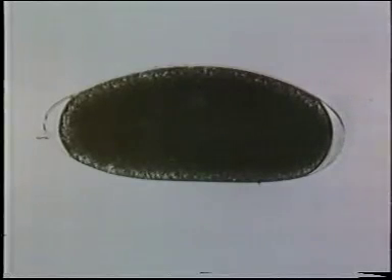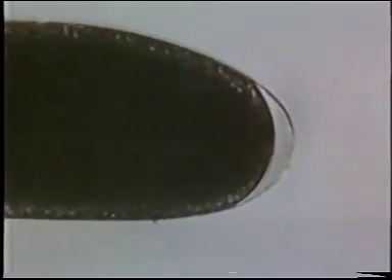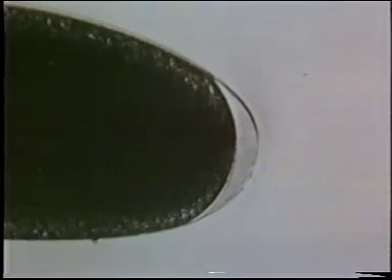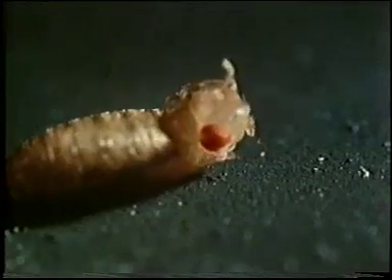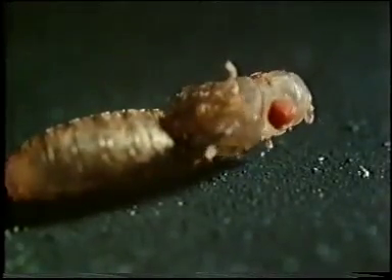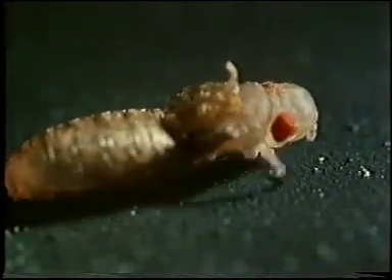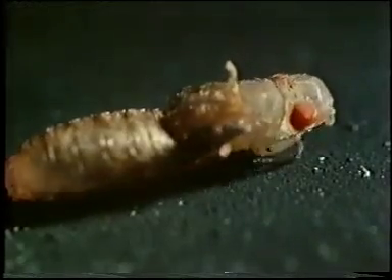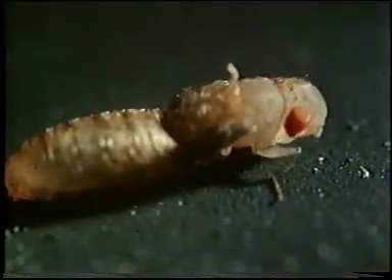If we take a very early embryo, before the pole cells are formed, and irradiate just the posterior pole of the egg with ultraviolet light, pole cells fail to form. However, the embryo goes on to become an apparently normal adult. Normal looking, but sterile.